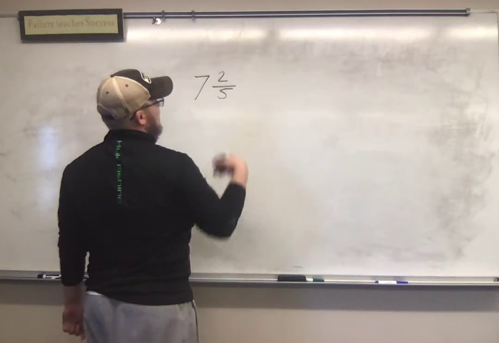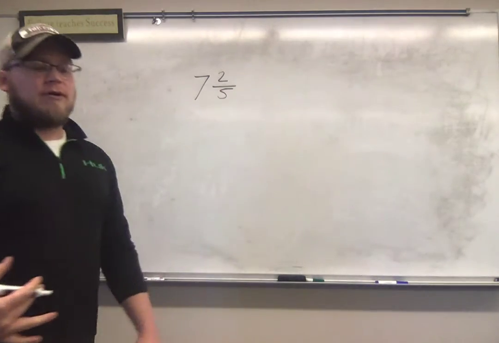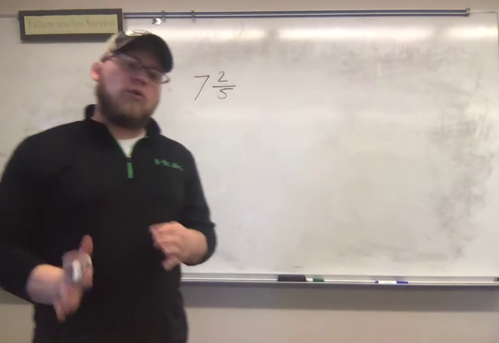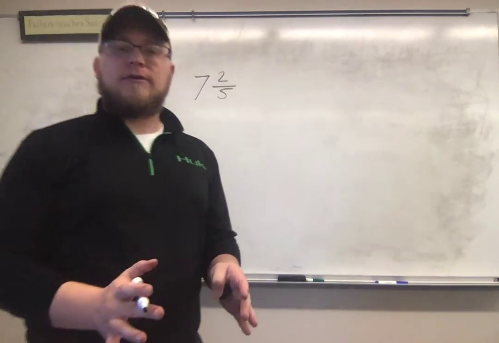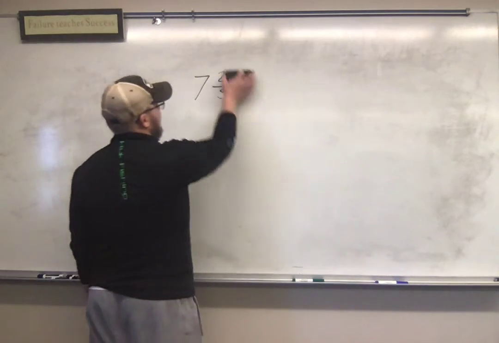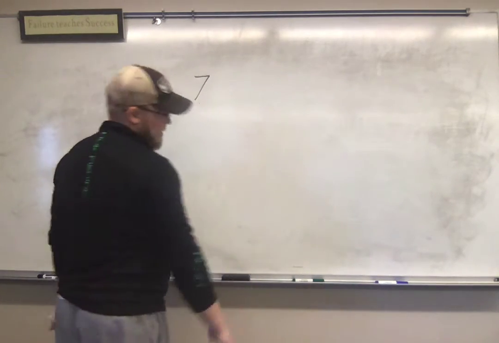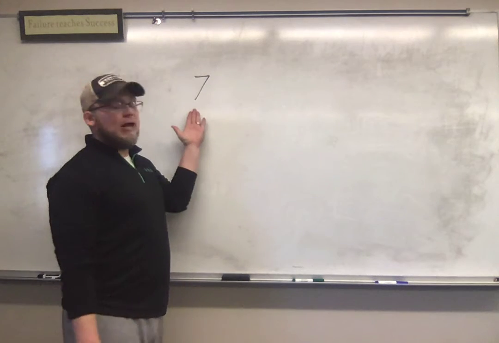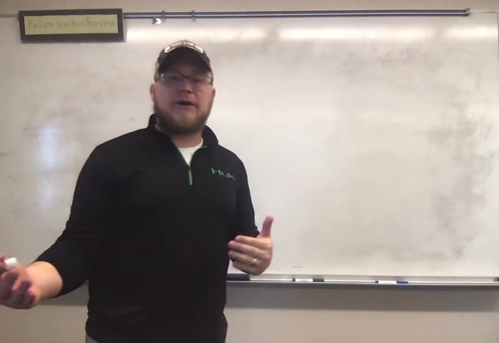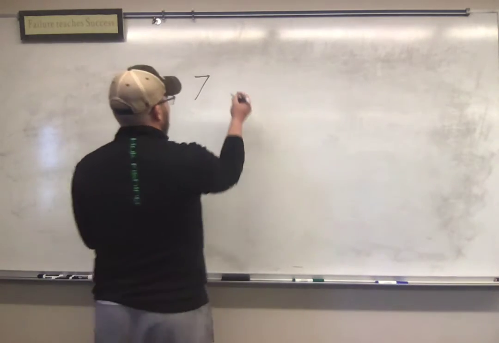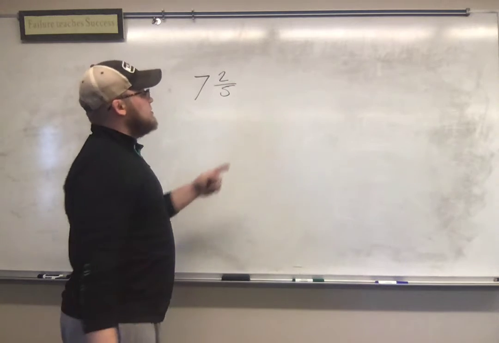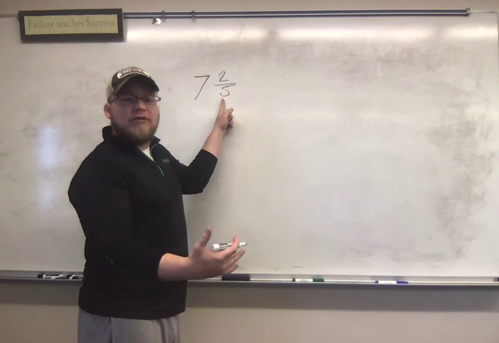Now, here's what you're going to do to write this as a decimal number. When you have a mixed number, only divide the fraction, okay? If I cover the fraction up for a second, you have 7 whole numbers here, right? That's what the number 7 signifies. Now, if they write the fraction next to it, 2/5, you have a little bit more than 7.